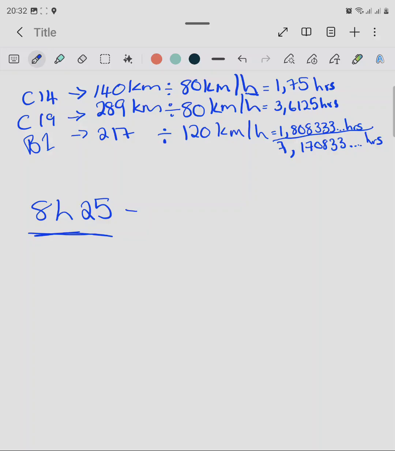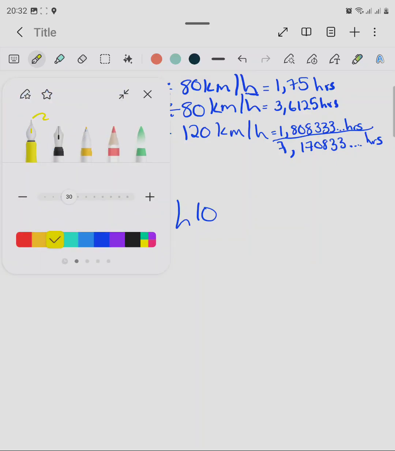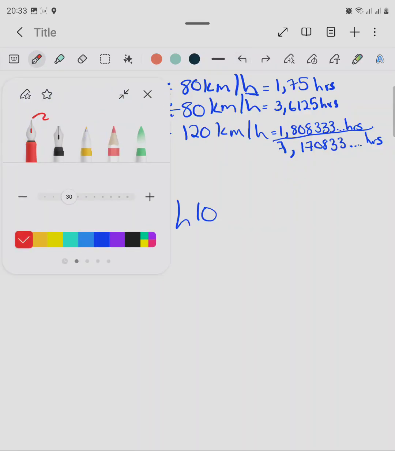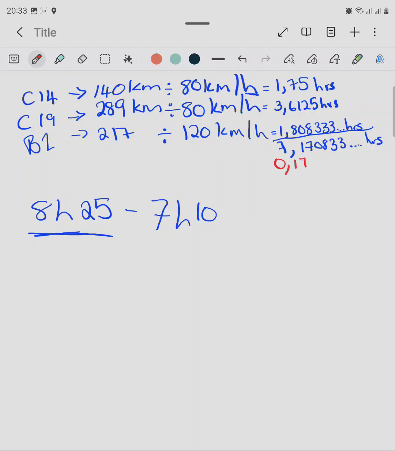The way that I'm converting this is I'm going to have 7 hours and 10 minutes. It works out to 10 minutes if you calculate it. If you don't know where the 10 minutes are coming from, I did that by taking 0,170833, the decimal portion, and multiplying it by 60 to turn it into minutes.